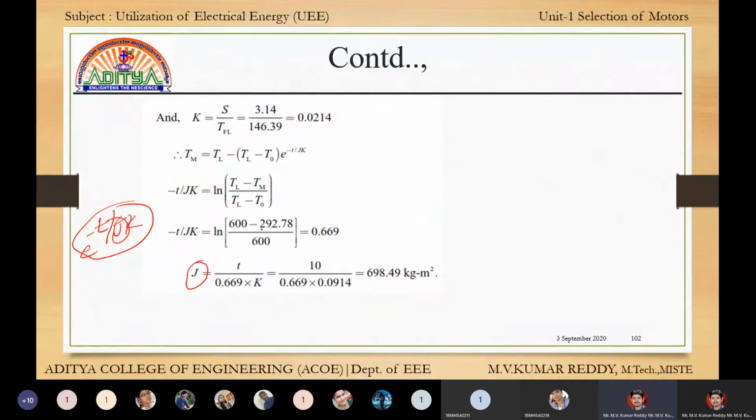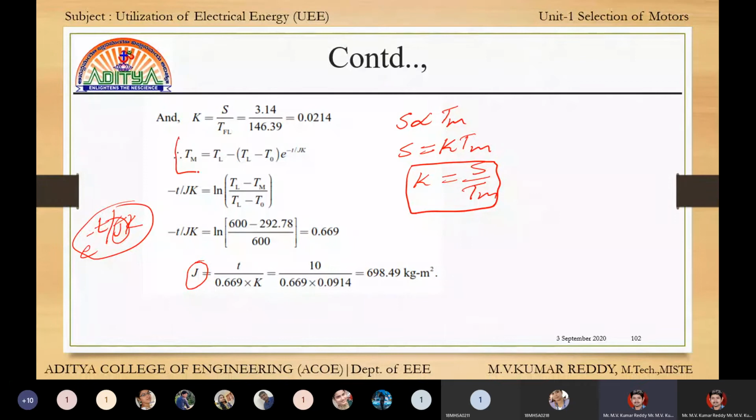Already we know from the derivation that S is directly proportional to Tm, so S is equal to K into Tm. Now find K equal to S by Tm. Why are we finding K? Because in the final formula we have j into k.